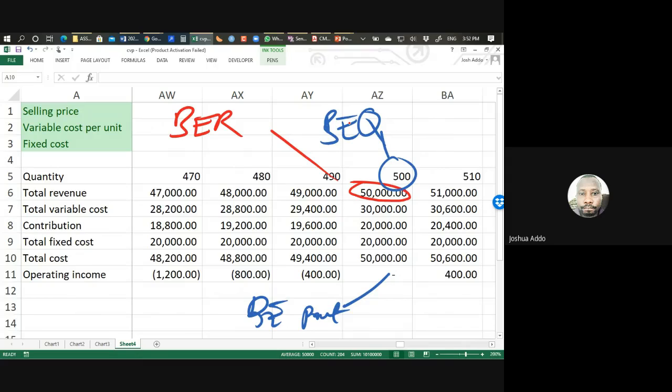Break even quantity because profit is 0. So the quantity that corresponds to this 0 profit is break even quantity 500. The revenue that corresponds to this 0 profit is break even revenue. And you should be able to read the same thing from the chart.